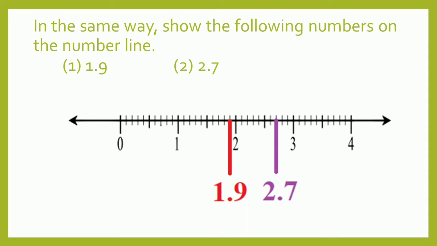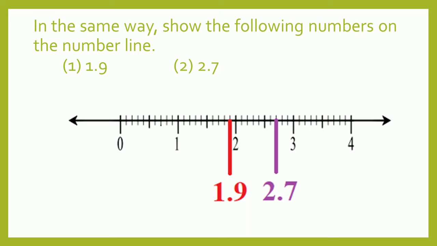Now let's show another number on the number line. The first number is 1.9. So the integer part is 1. We will calculate after integer 1, and after the decimal the tenth place is 9. So we will count 9 parts. 1, 2, 3, 4, 5, 6, 7, 8, 9. So the number is 1.9.